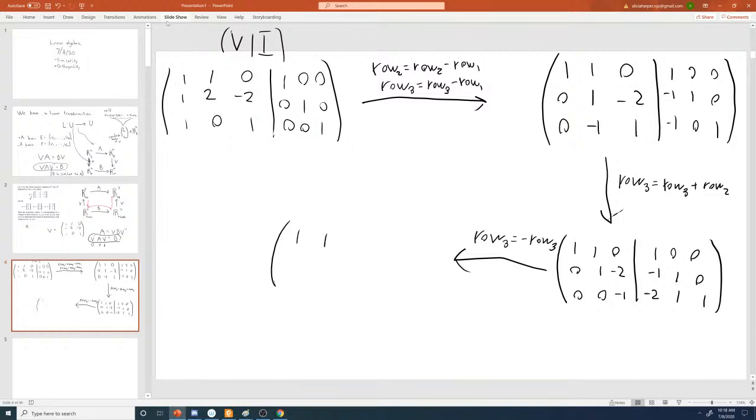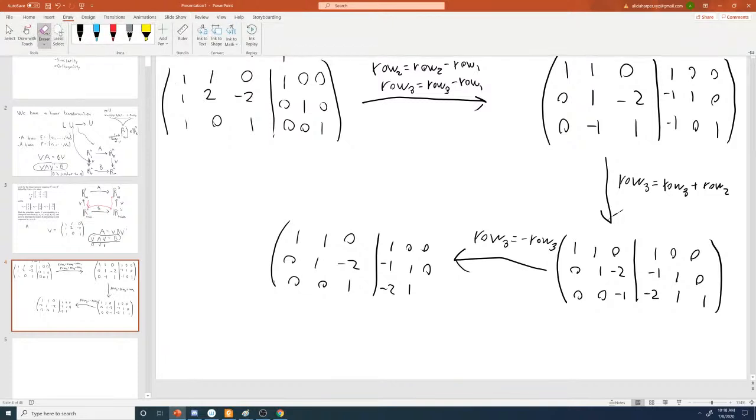So I get 1, 1, 0, 0, 1, negative 2, 0, 0, 1, 1, 0, 0, negative 1, 1, 0, negative 2, and then 1, or I'm sorry, this should now be flipped.